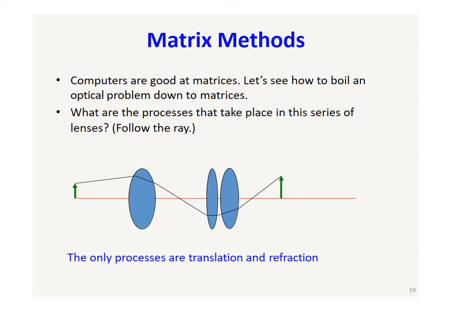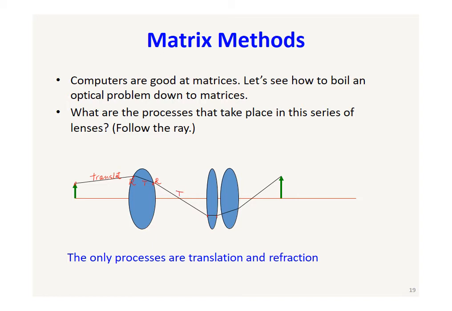Let's look at what one particular ray from the tip of this object does. The first thing it does is it translates to the front of the lens. There, it refracts. It translates to the back of the lens, refracts again. And there being nothing between there and the next lens, we see another translation.